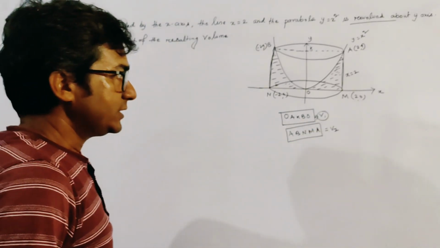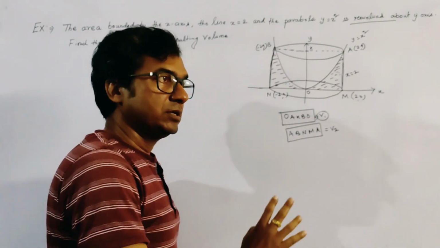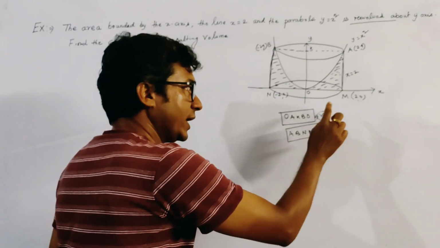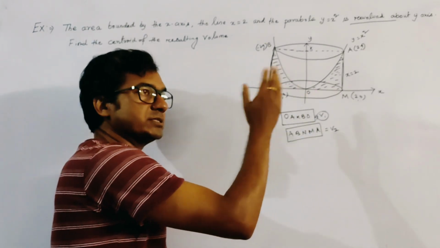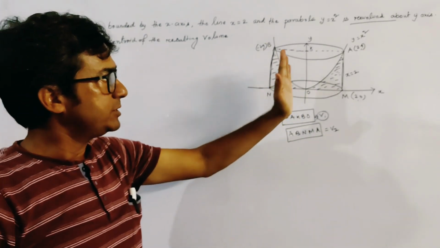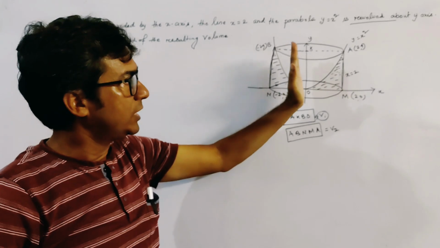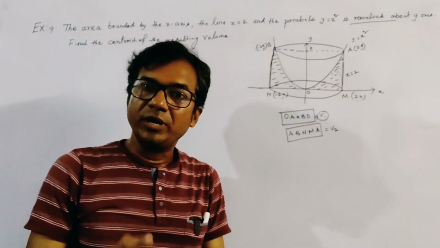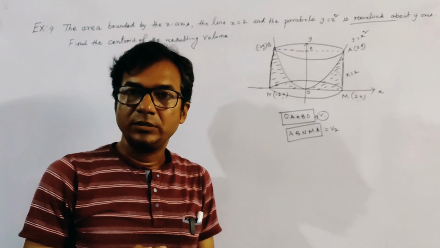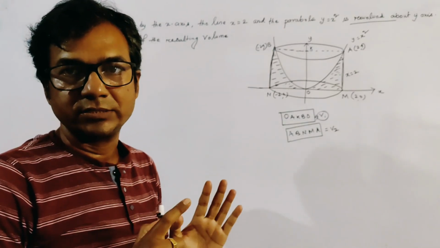Now it is clear that the two bodies, volume V1 and volume V2, are both symmetric about the y-axis, because there will be the same volume on the left and right side of the y-axis. So the center of gravity of the two bodies must lie on the y-axis.